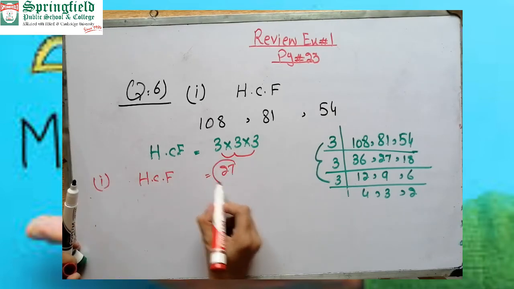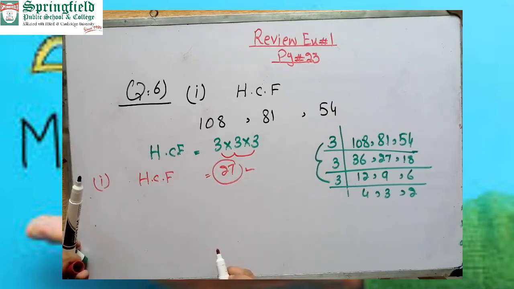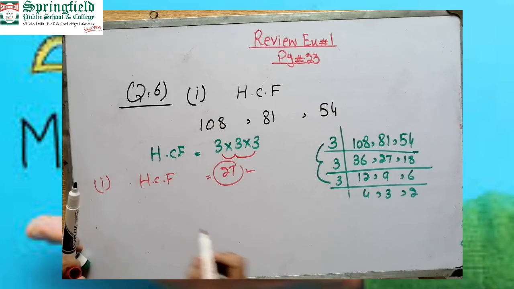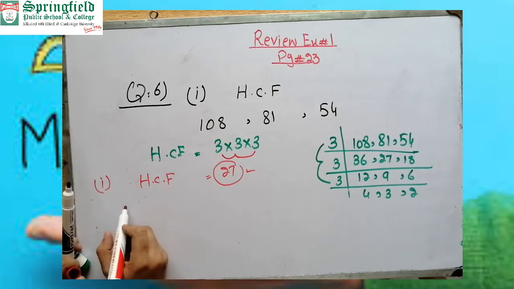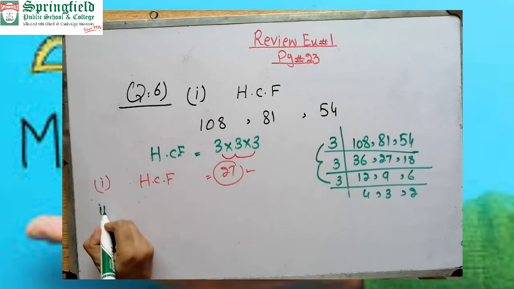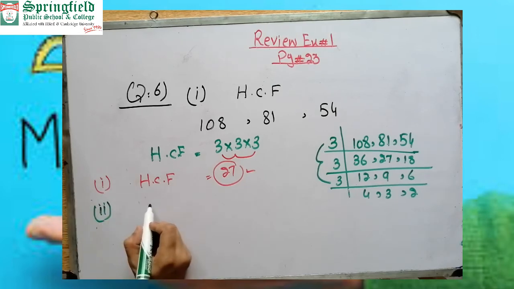First part done. Now in the second part, the number of each type of flower. Each means every basket has how many flowers. So the number of roses in each basket. You can write the second part. First we will find the number of roses.